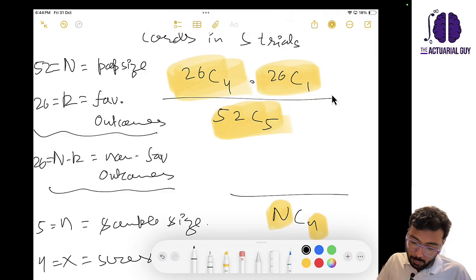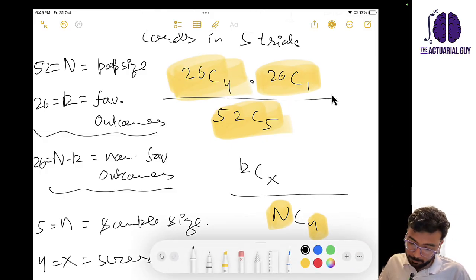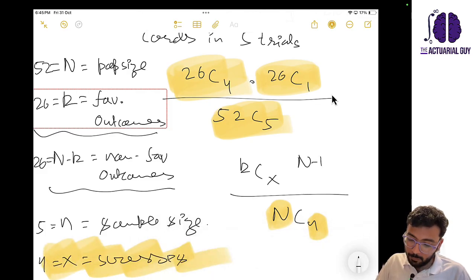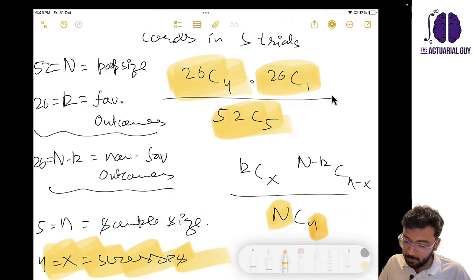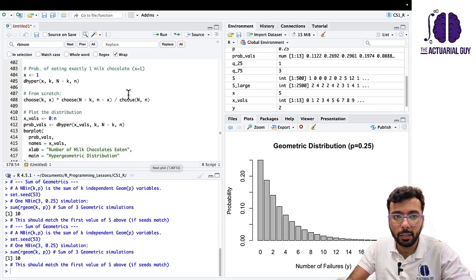Choosing out of these K favorable outcomes the x that I want, right, and choosing from this set of non-favorable outcomes, N minus K, I would want to choose my remaining outcomes, that would be n minus x, right. So I'm making this sample of size n. Out of this, I want x to be from K and n minus x to be from N minus K, right. So this is how it works. So that was your quick refresher on the hypergeometric distribution.